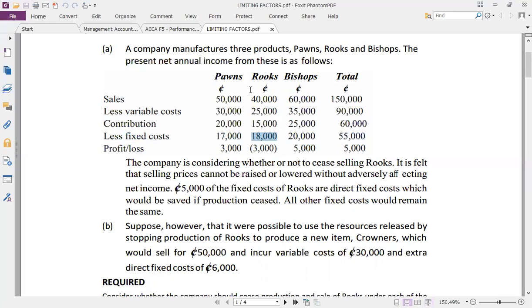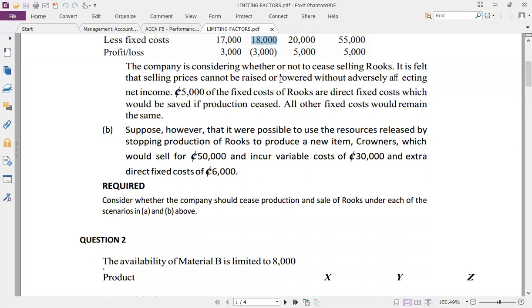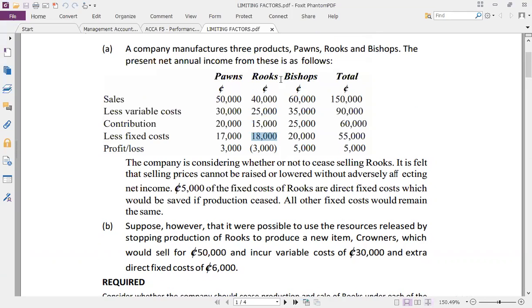Okay. So let's go to the requirement. Consider whether the company should cease production and sales under each of the scenarios A and B. So all of them are different scenarios. Let's look at the first scenario. We've read it.